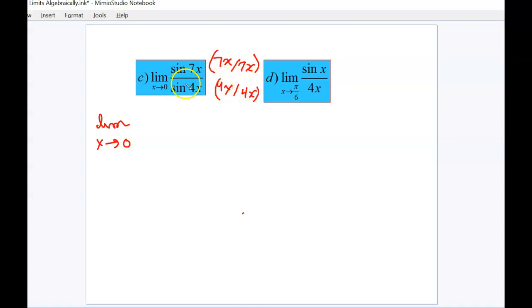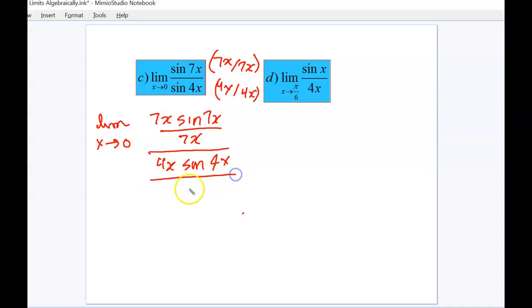If I do that, I get 7x times the sine of 7x over 7x, and 4x times sine 4x over 4x. Now you can see I have my special limits right there, and this is my major division line. So this x can eliminate this x.